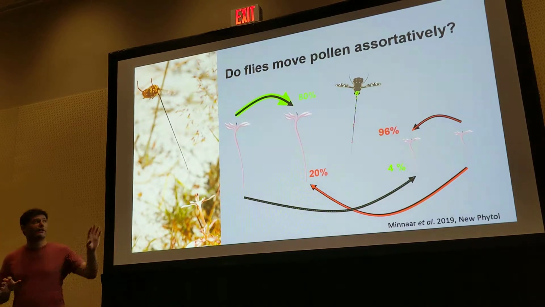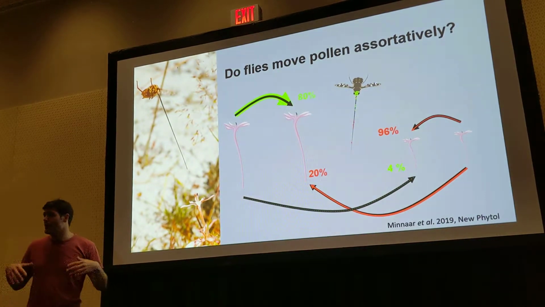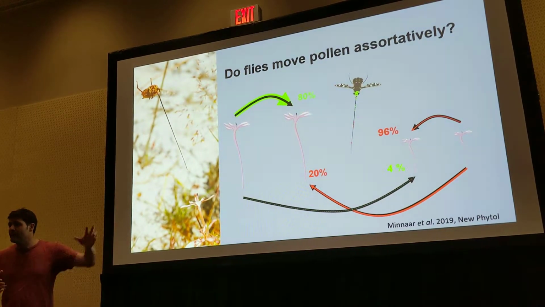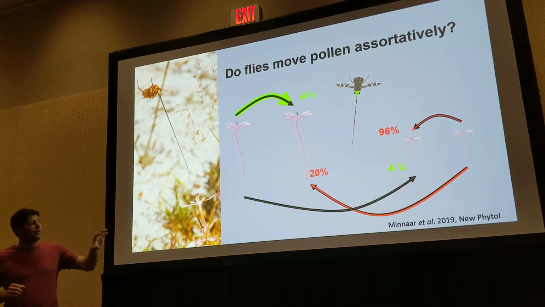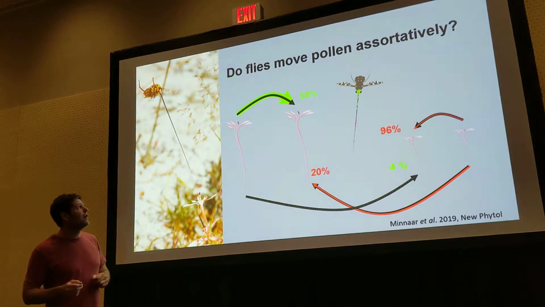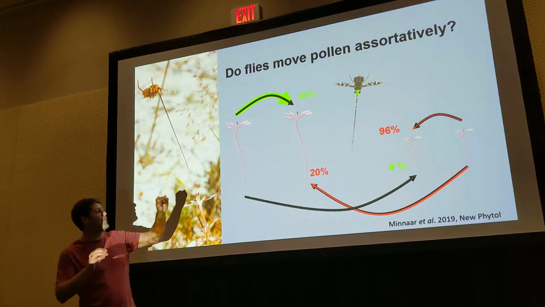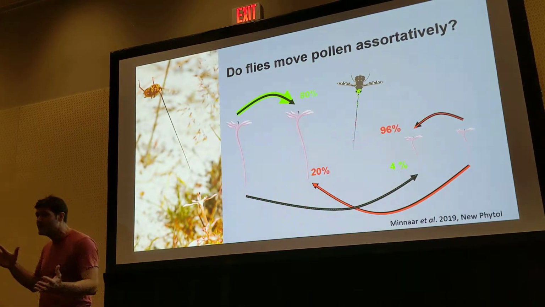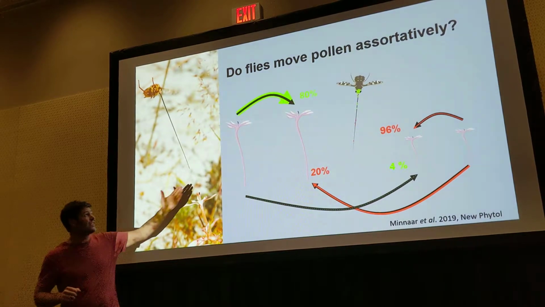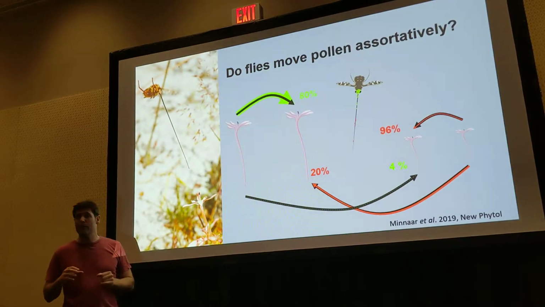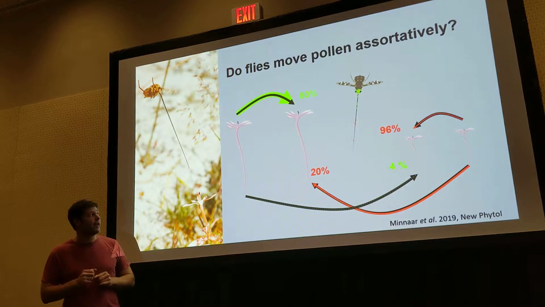So the black lines are what you'd expect given a 50-50 pollen movement. The colored lines are what we actually got. So what you can see here is long tube plants. The thickness of the arrows is relative to the amount of pollen being moved. So you can see that most of the pollen is being moved from long flowers to long flowers.